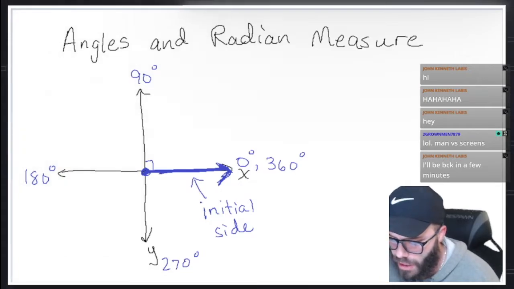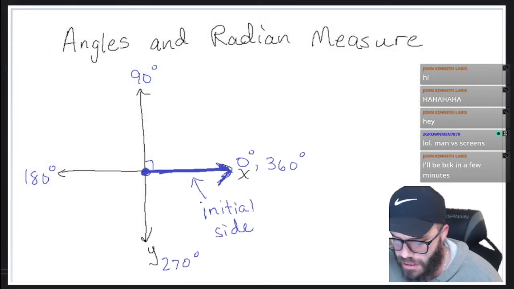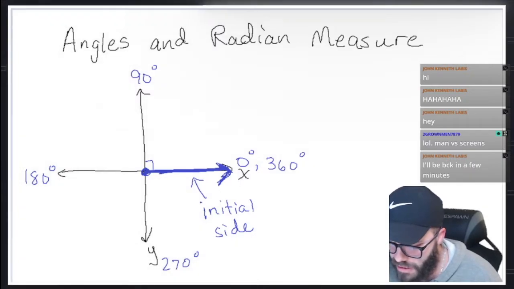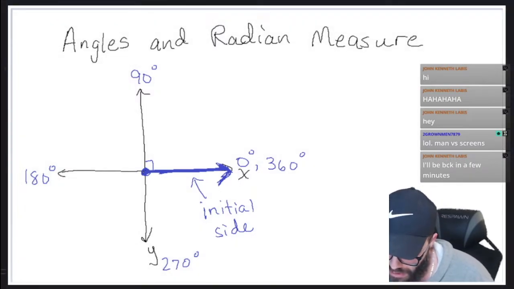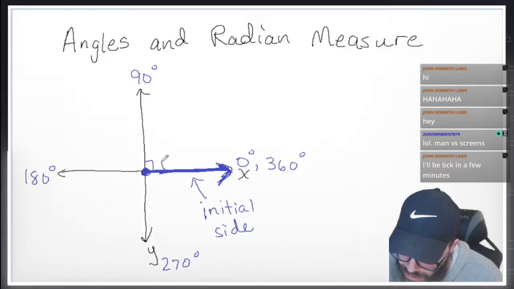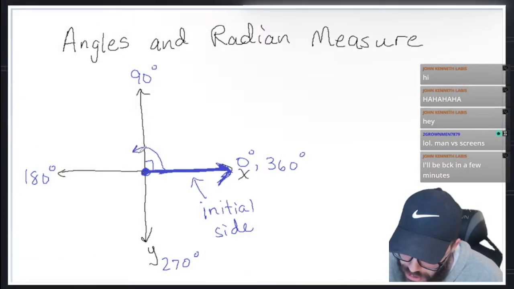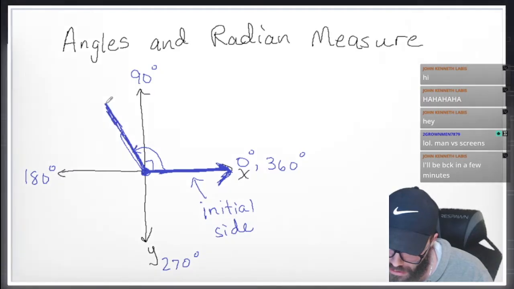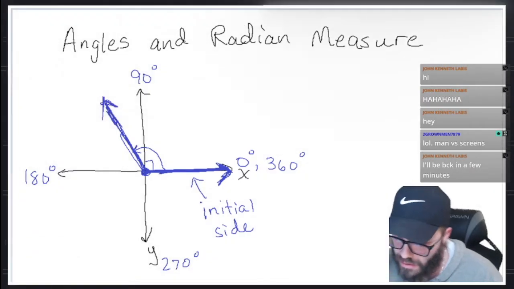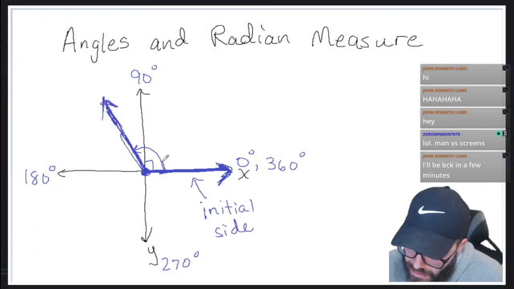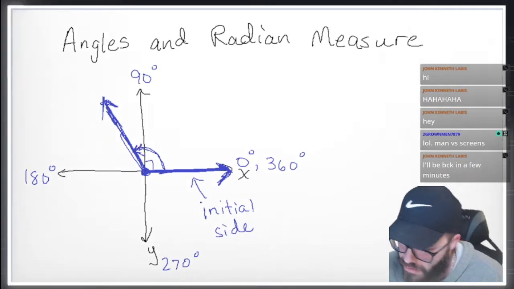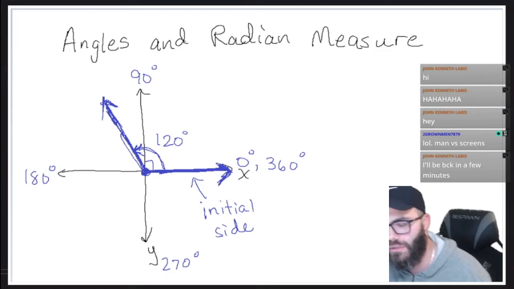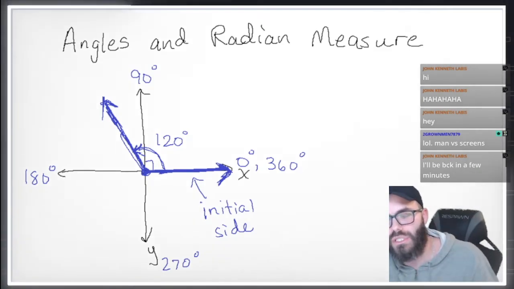All right, so if I want to sketch an angle in standard position that is about 120 degrees, I would sketch the initial side like I have here, then open up counterclockwise about 120 degrees, like this. That little arrow indicates it's opening up this way. 120 degrees. So that is an angle in standard position.